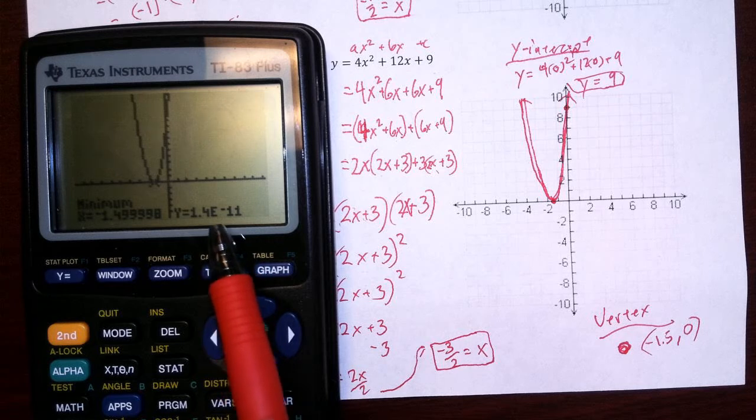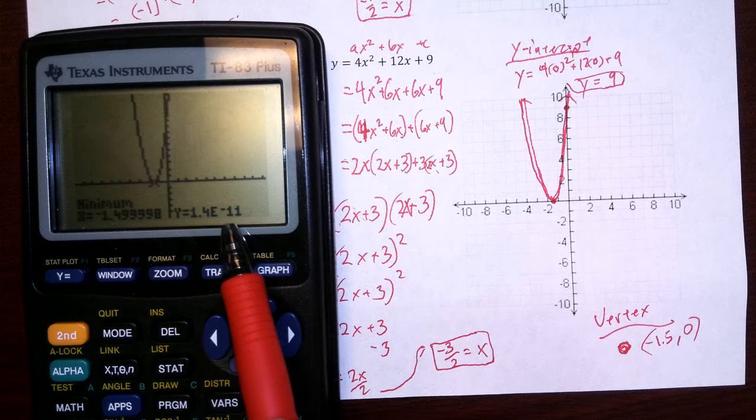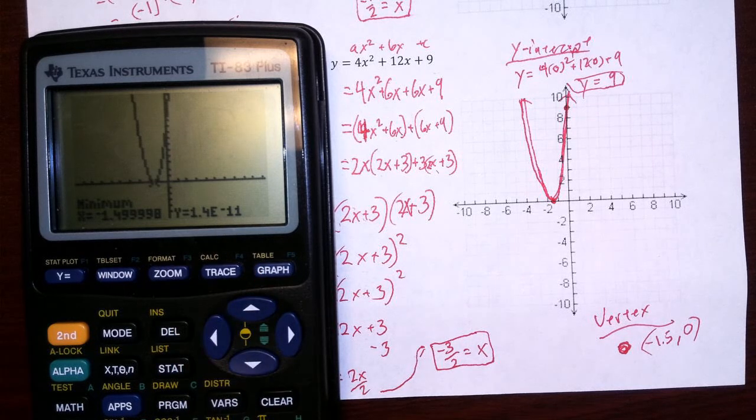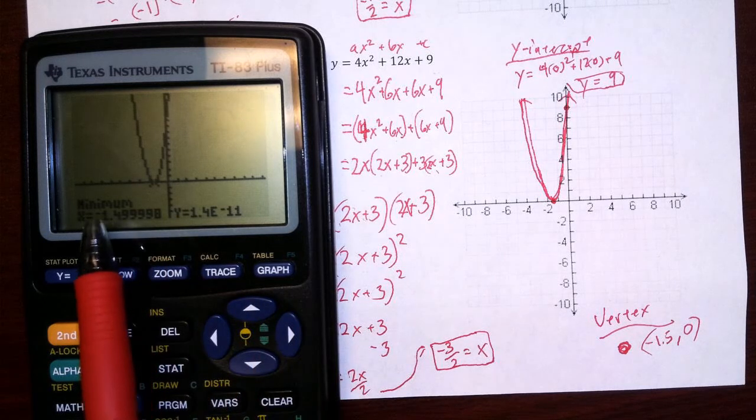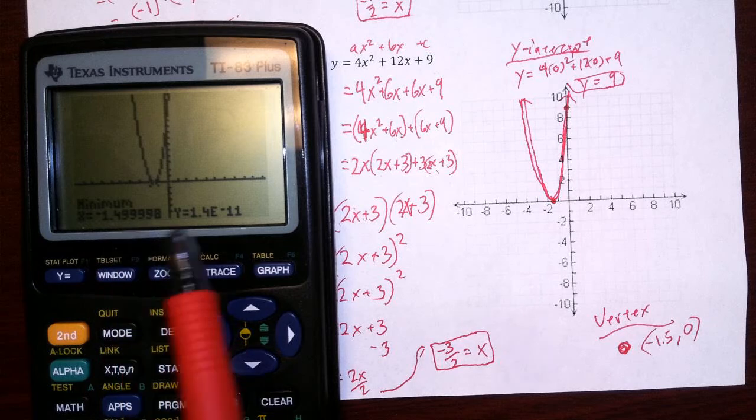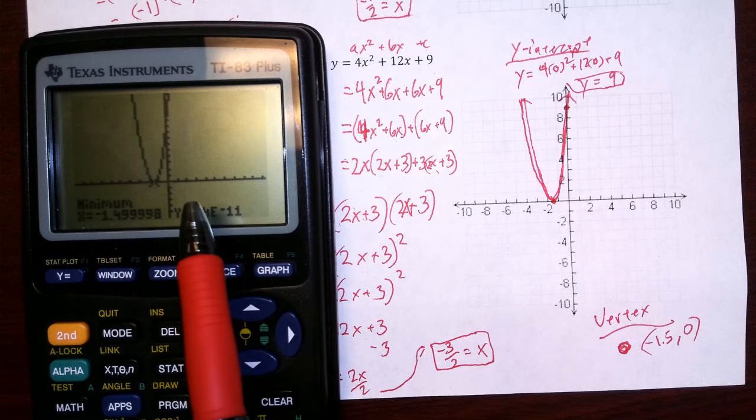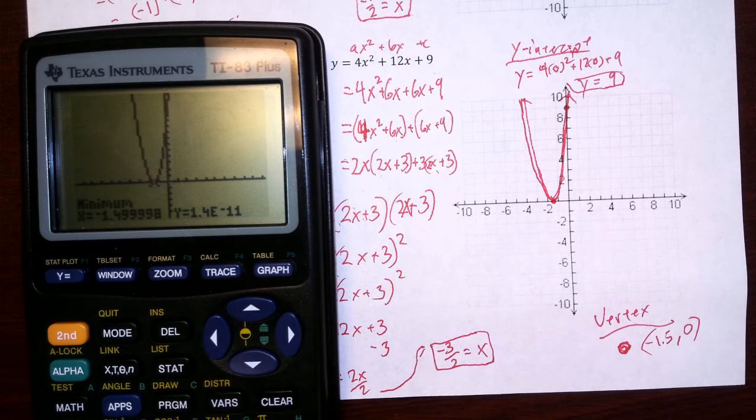That's 1.4 times 10 to the negative 11. If you don't believe me, plug it into your calculator, it's a very tiny number. So this is just our calculator's way of saying our minimum is negative 1.5 and 0. Because it's so tiny, it's basically just 0, which indeed is our vertex.